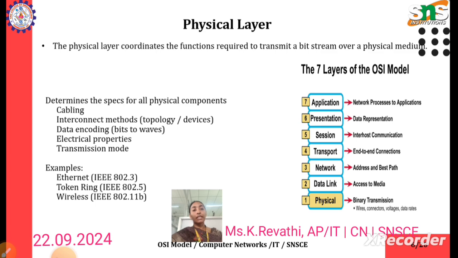The transport layer handles end-to-end connections, and the network layer deals with network addresses and the best path, how the device will choose the path from source to destination in order to transmit data. The data link layer addresses and accesses the media, that is called MAC, medium access control. And the physical layer tells about how the binary transmission will be done from the sender side and also from the receiver side.